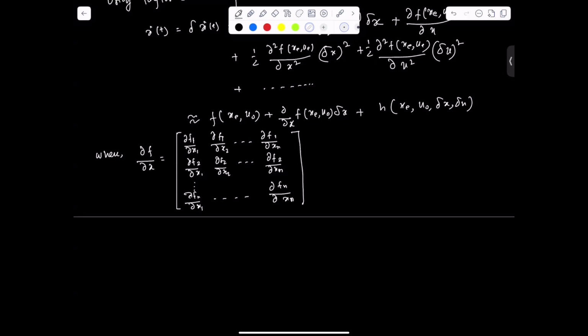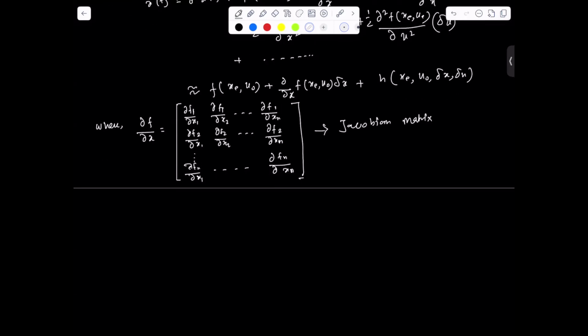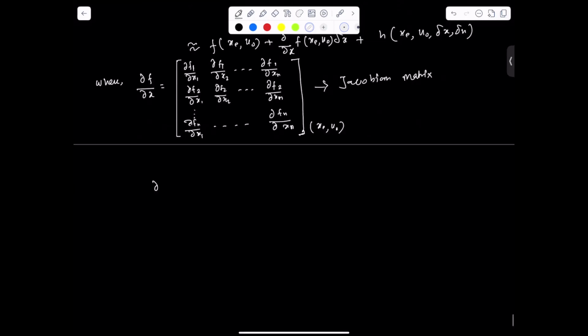So this we call the Jacobian matrix. We can find this value, maybe a constant matrix, at xc, u0. If you substitute these values, we can come up with some matrix. And similarly for the control, we can write ∂f/∂u.